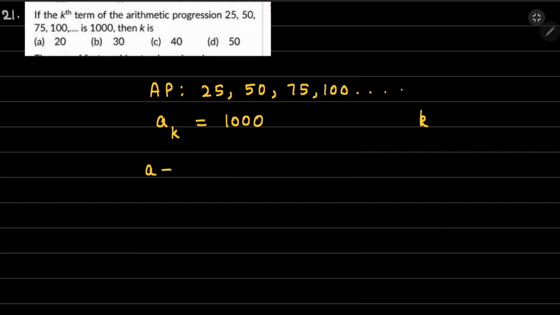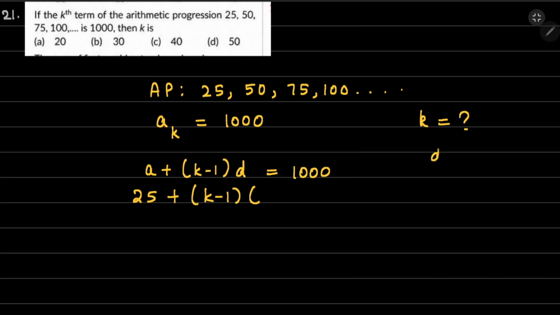Similar to AN, A plus K minus 1 into D is given as 1000. A is the first term, that is 25, plus K minus 1 into D. D is nothing but 50 minus 25, which is 25, right? That equals 1000.